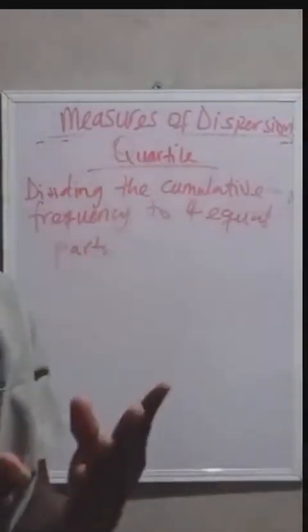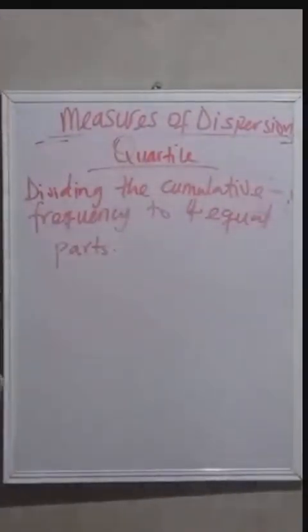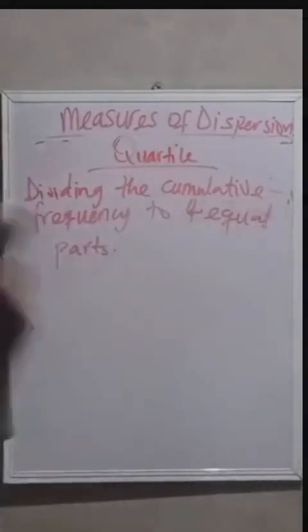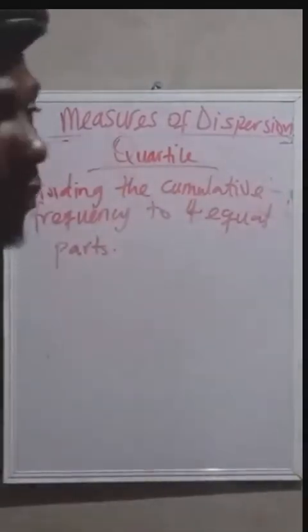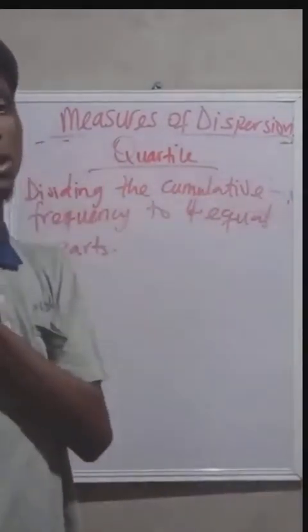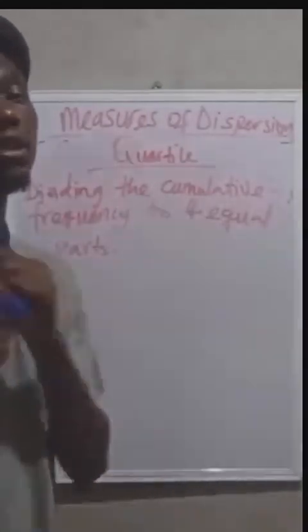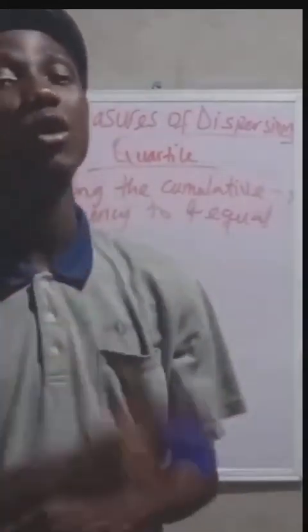So when you divide it into 4 equal parts, you have your quartile. We have three types: the lower quartile, the second quartile, and the upper quartile. In some textbooks you see it as Q1, Q2, Q3. The Q1 is the lower quartile, the Q3 is the upper quartile, and the middle quartile or second quartile is your Q2.